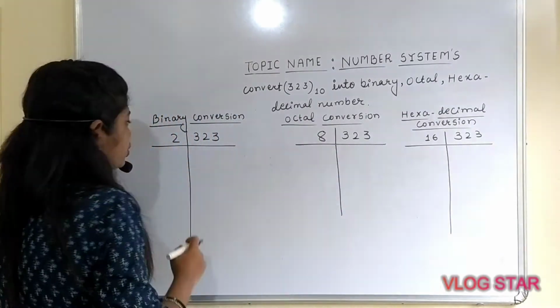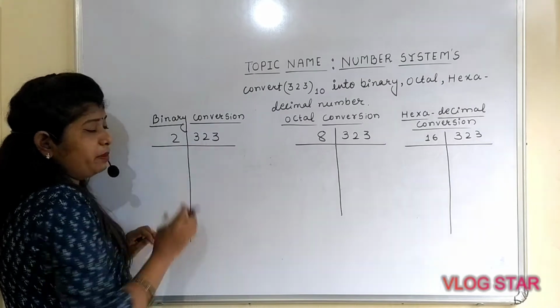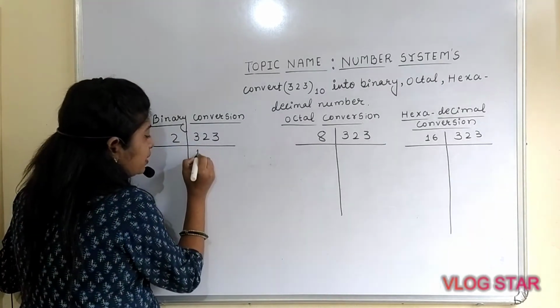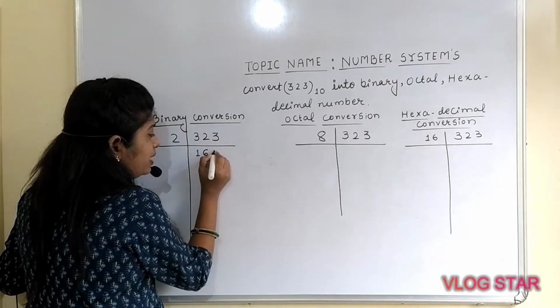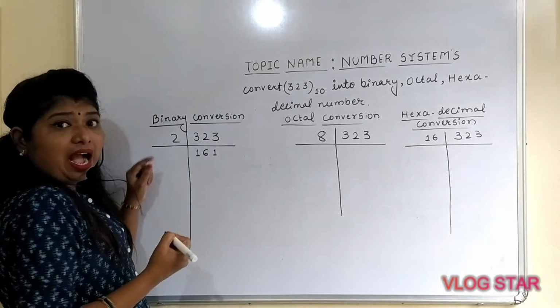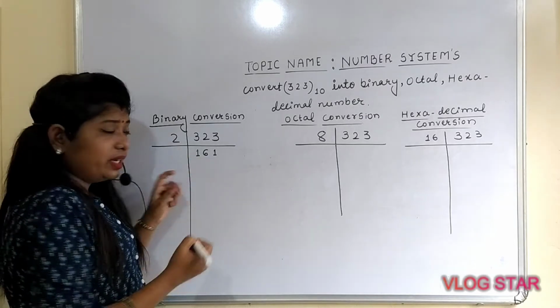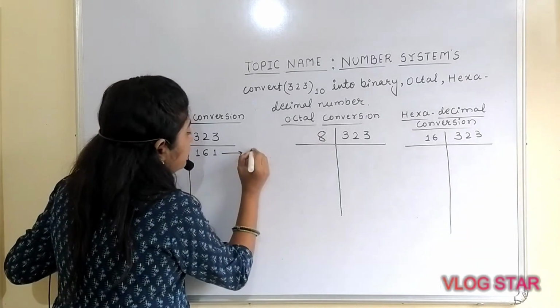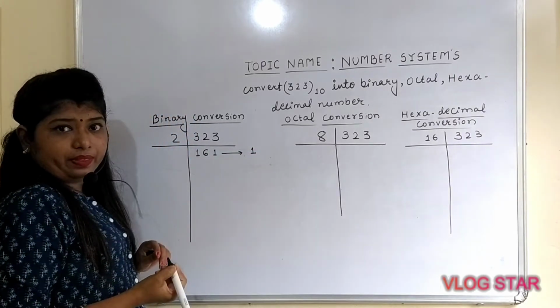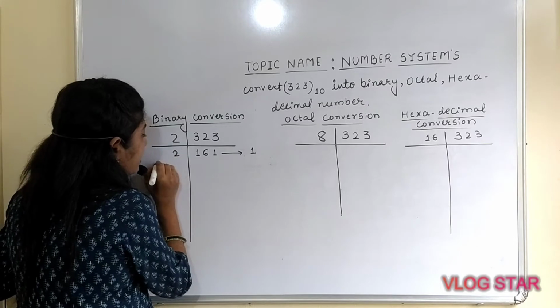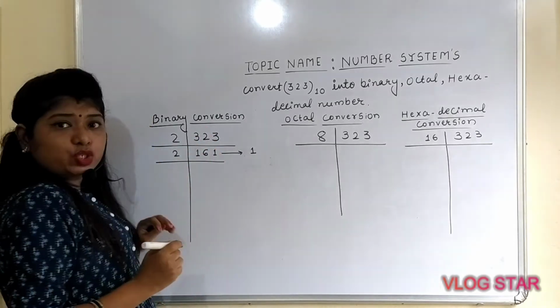So please pay attention over here. Can you just tell me what would be the quotient you will get after the division? 2 ones are 2, 2 6s are 12, 2 ones are 2. After division you will be getting 161 as the quotient. Can you tell me the remainder? The remainder will be 1. Am I right? Then next, again you have to divide this particular number by 2.